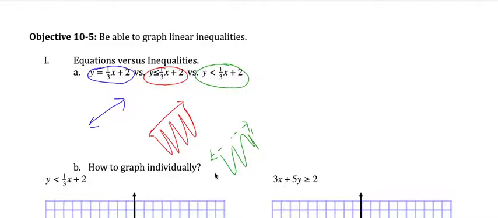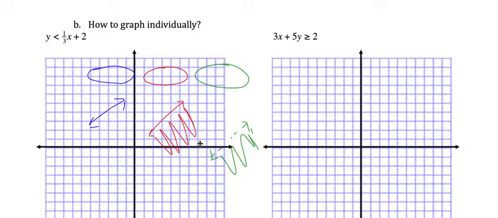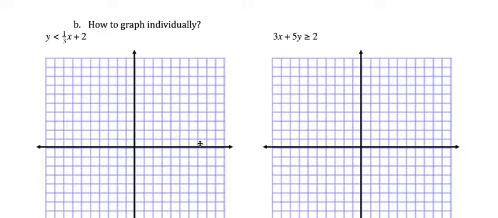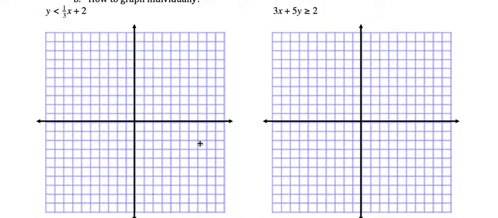First we're going to take a look at how to graph these things individually. We're starting off with the equation y is less than 1/3 x plus 2. What you're going to do is really the exact same thing that you would do if it was y equals 1/3 x plus 2.